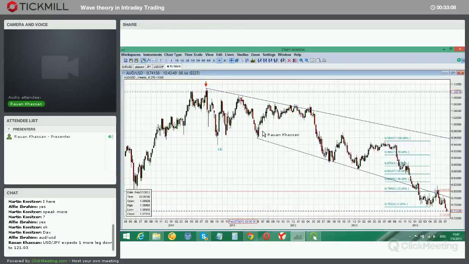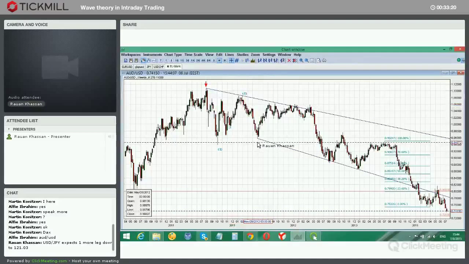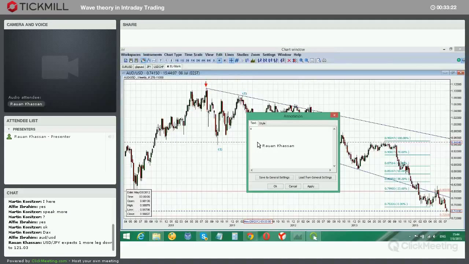This is the second wave. Now we can see a few lines. I will mark it X with a different color, so you see the difference clearly.